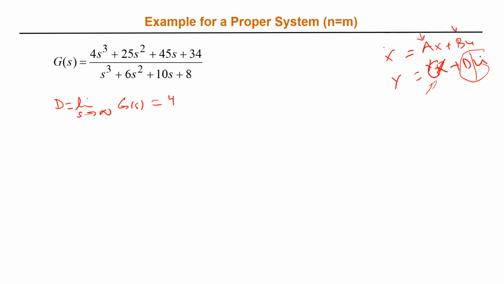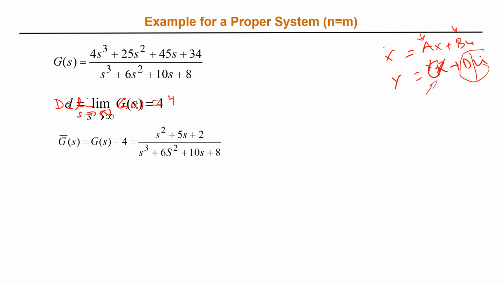If this is my D, let me subtract it from the given transfer function, and now I have the transfer function we have already done before. So the realization becomes the same as before.